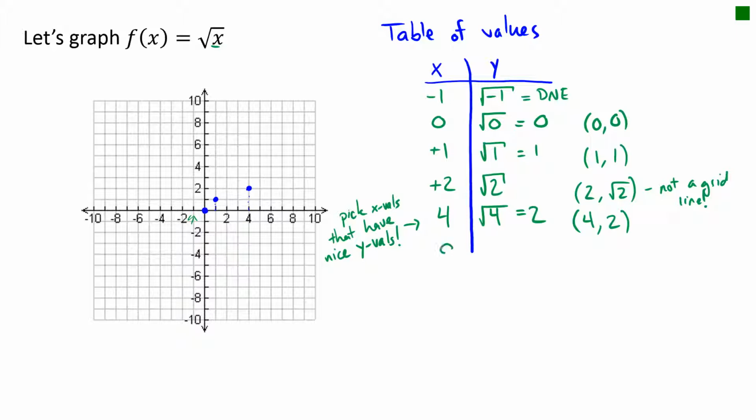Another good one to pick would be x equals 9, because the square root of 9 is equal to 3. So the point x equals 9, y equals 3 is also on the graph. So now we have a bunch of points, and we can go ahead and sketch the line, which you can see curves to get through all those points.